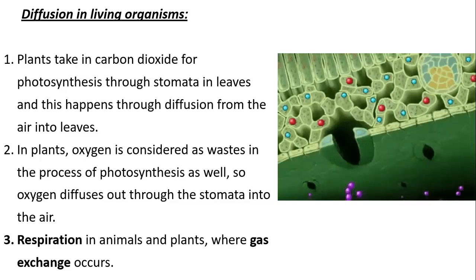Diffusion in living organisms. So how do we use this? What's the benefit of this in biology? First, for plants to undergo photosynthesis, they need carbon dioxide. So carbon dioxide has to move into the leaf through, yes, diffusion, because whenever carbon dioxide enters, it gets used up.